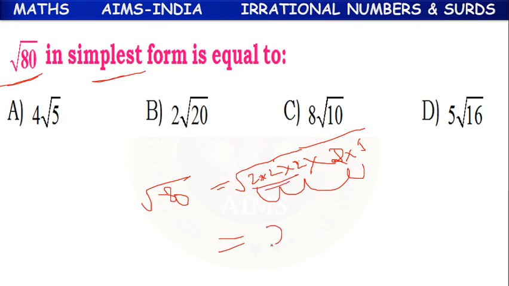So four 2s and one 5. For 2 2s, 1 2 will come outside. For the other 2 2s, 1 2 will come outside. Root 5 will remain. 2 times 2 is 4. So 4 root 5 is the simplest form.